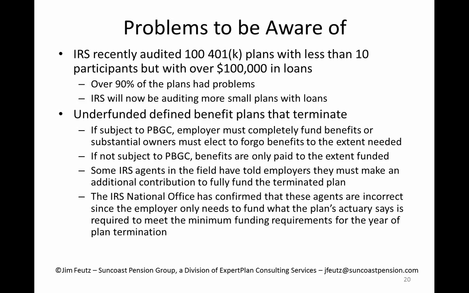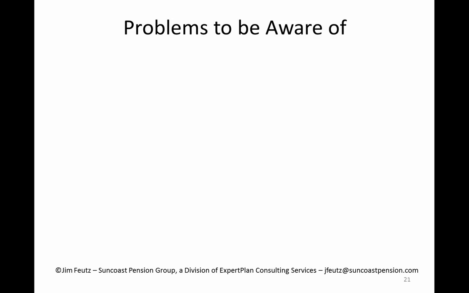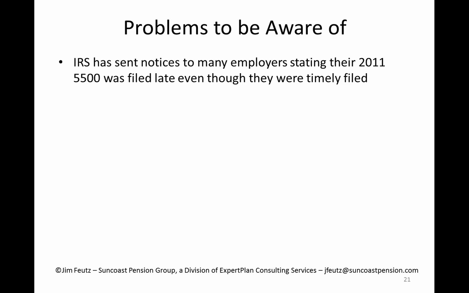Another problem that has arisen very recently, and it came up after the 2011 Form 5500 deadline. The extended deadline was October 15th of this year. Well, IRS has sent notices to a lot of employers saying their 5500 was filed late, even though they had timely filed Form 5558, which extended the deadline from the normal deadline of July 31st to the October 15th extended deadline.